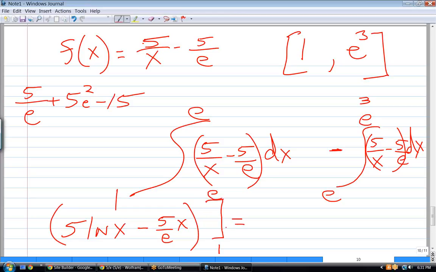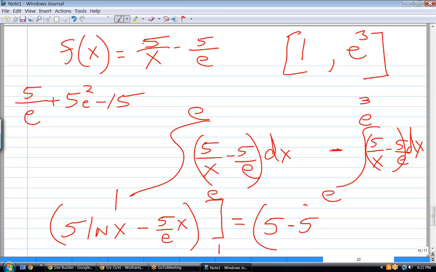Let's come up with that because it's pretty easy. When you substitute in e, what do you get? What's the natural log of e? The natural log of e is 1. Yes. So the first term here is 5 minus 5e over e, 5 minus 5.